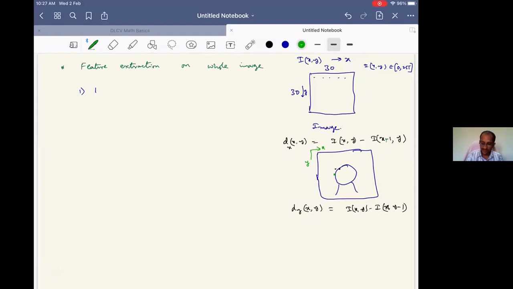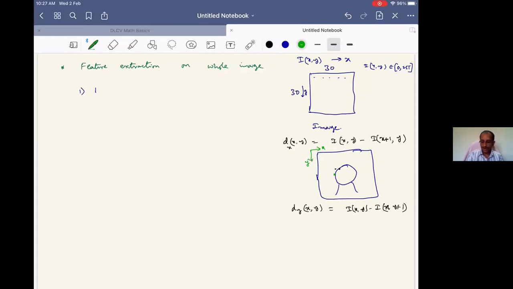Later I will tell how exactly we perform these things, but no need to bother too much about plus or minus here. Let's keep it like this for the time being.